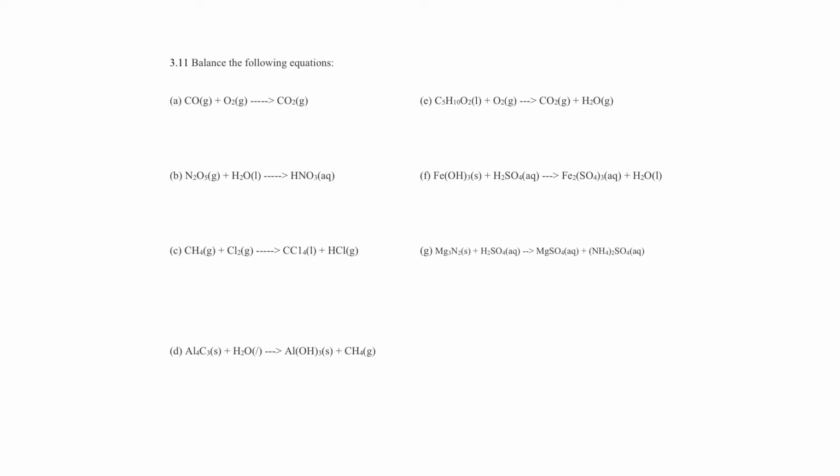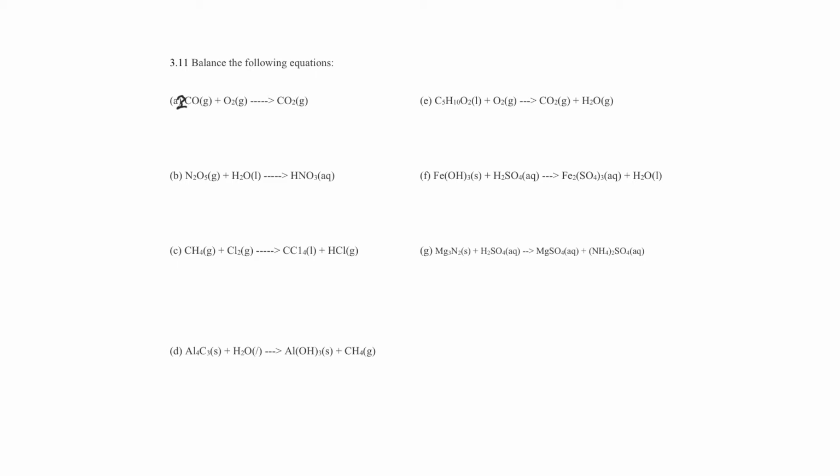So in order to fix this, I need the left side to always be even. As long as they're both even, then I can finagle them so they have the same coefficient. Since O2 is always even, I'm going to put a 2 right there, which will give me 2 oxygens. It's messed up the carbons a little bit, so now I have 2 carbons.